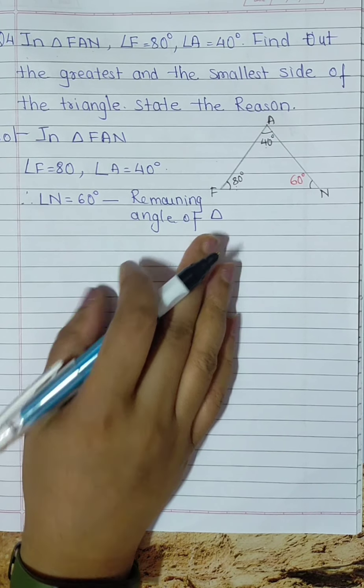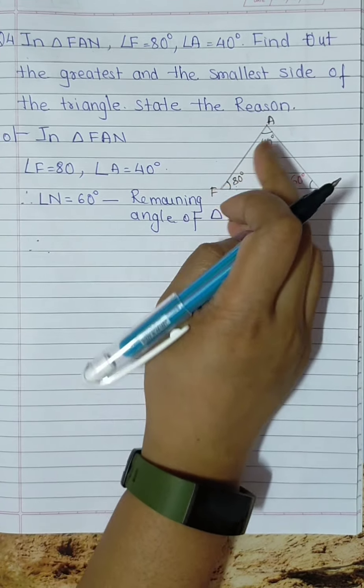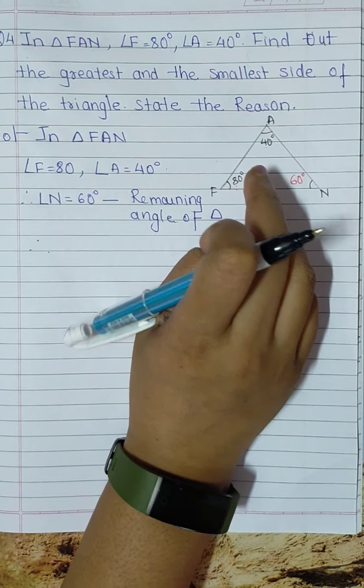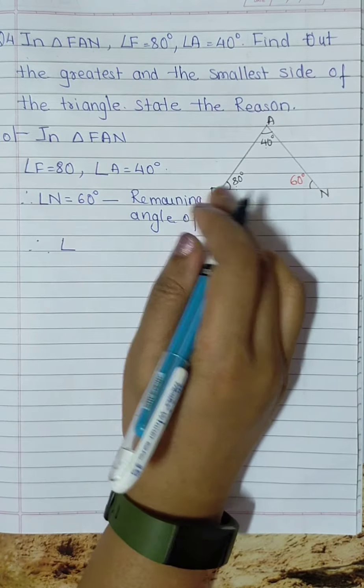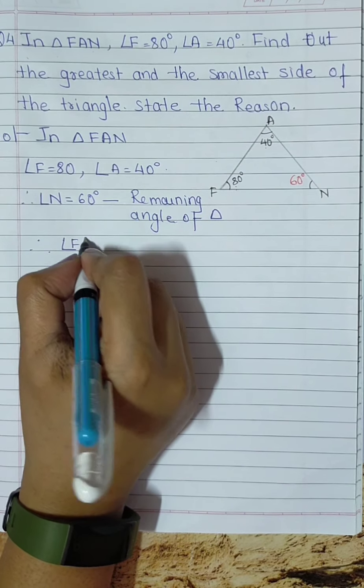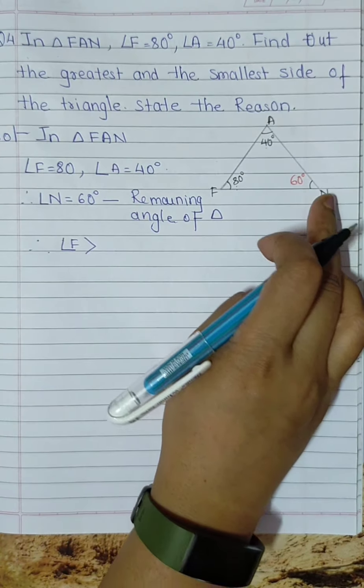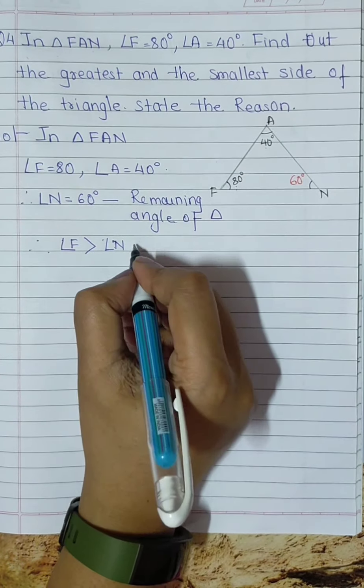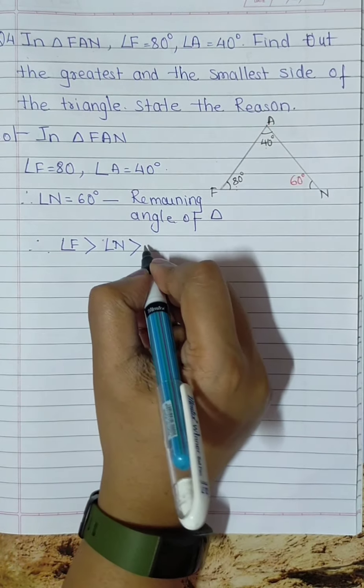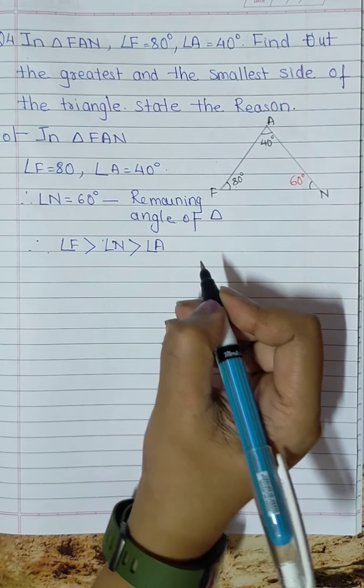Okay. The next is what is given. Therefore, you can see angle F is 80 degrees. So angle F is greater than angle N, and angle N is greater than angle A. Okay.